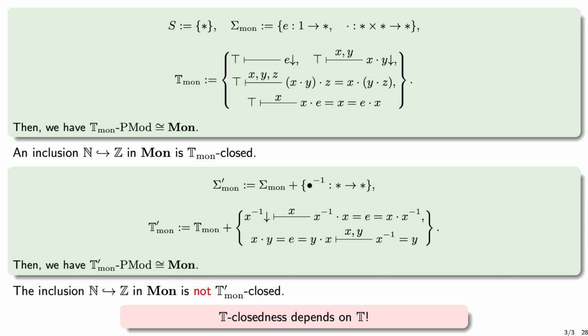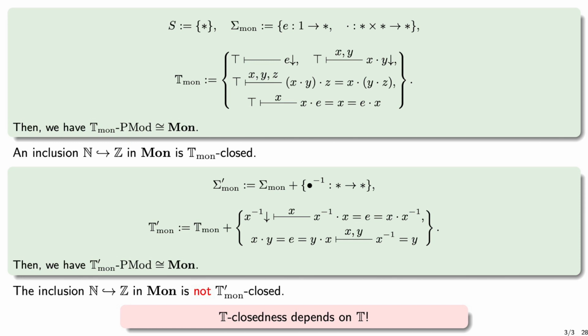This theory contains the usual identity axioms and the usual associativity axioms. Then, the inclusion from natural numbers to integers as additive monoids is T1-closed. We can easily check this.